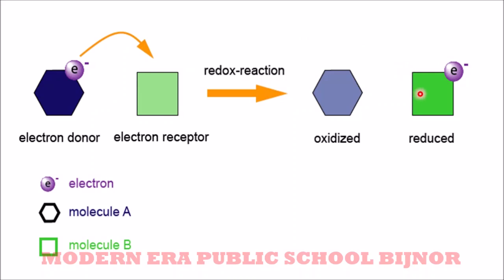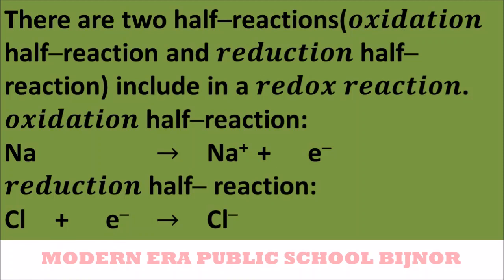Reduced substances also have a higher number of electrons compared to oxidized substances. So there are two half reactions. The first one is the oxidation half reaction, and the second one is known as the reduction half reaction, the two parts included in a redox reaction.